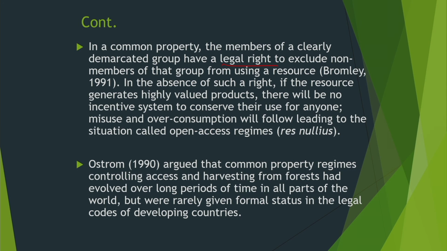In the absence of such a right, if the resource generates highly valued products, there will be no incentive to conserve, and misuse and overconsumption will lead to a situation called open access regime, known as res nullius.